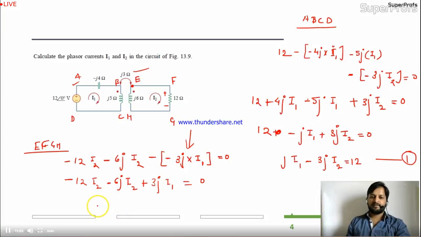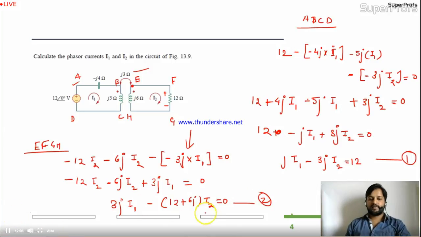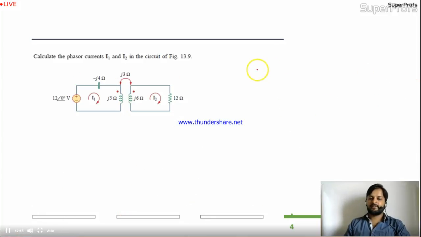Finally, this is 3jI1 minus 12 I2 plus 6jI2 equal to 0. Equation 2. So finally, you are left with 2 equations and 2 unknowns. You can solve for I1 and I2. I'm telling you what you are going to get.